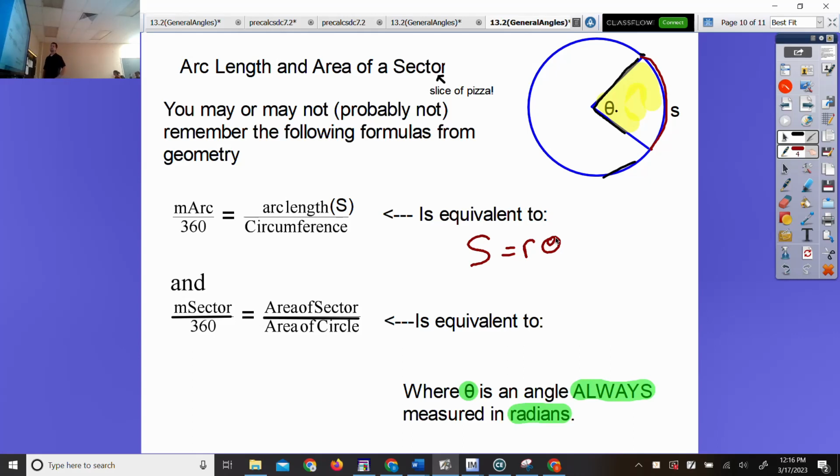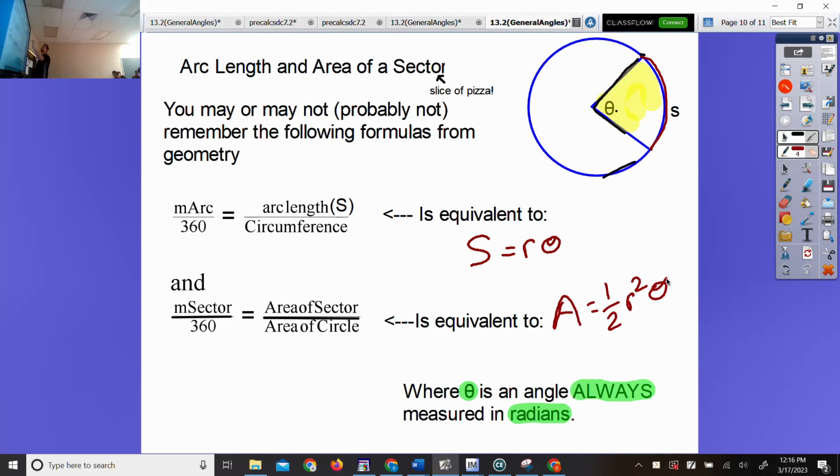In algebra 2, you get this little formula: 1/2 r squared theta. You get easier formulas with radians. That's what radians do. They make things like proportions disappear. So there's your 2 little formulas. And all we got is one example.